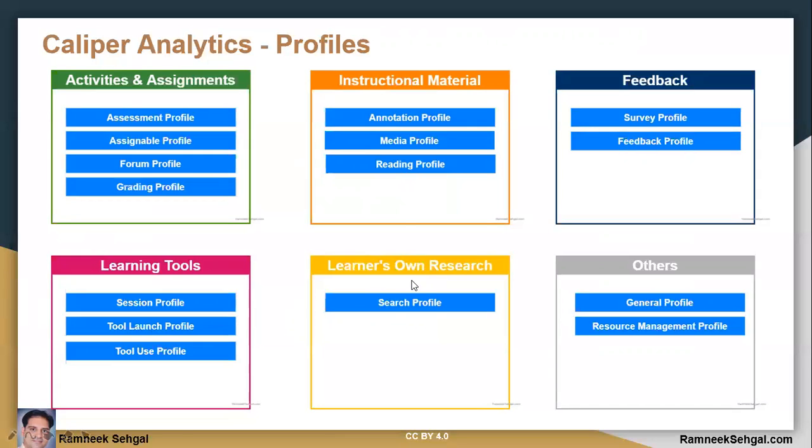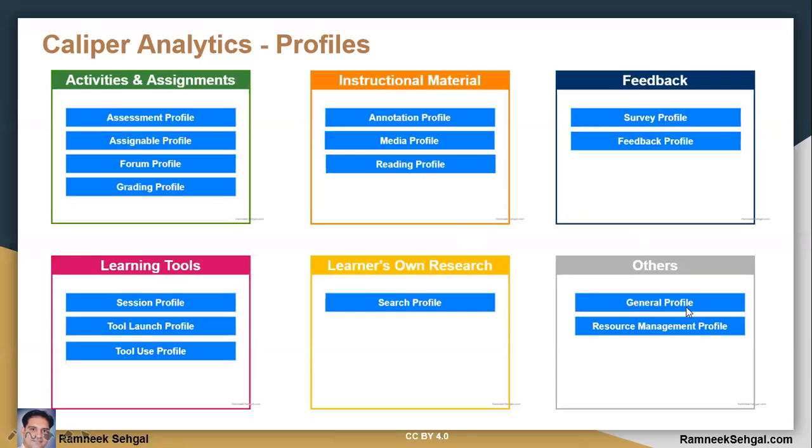Then the learner research related profile is the search profile. When a learner is doing any kind of search, this profile is captured. And there are some other profiles. One is the resource management profile. Whenever we are managing a resource, we can capture that kind of information by using resource management.